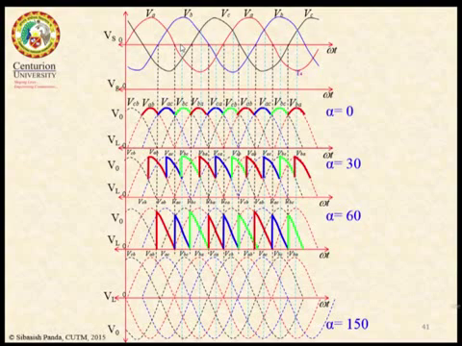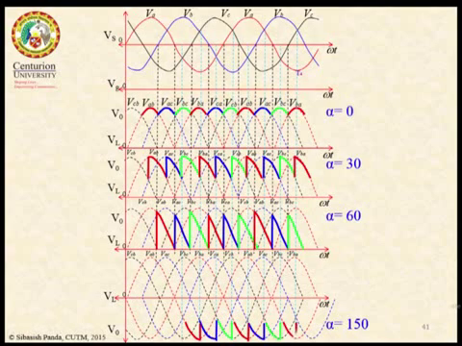From this point it will follow VAB, so from here it will start its conduction. This is VAB, then it will follow the next one and the next one. So now I am getting negative output voltage.